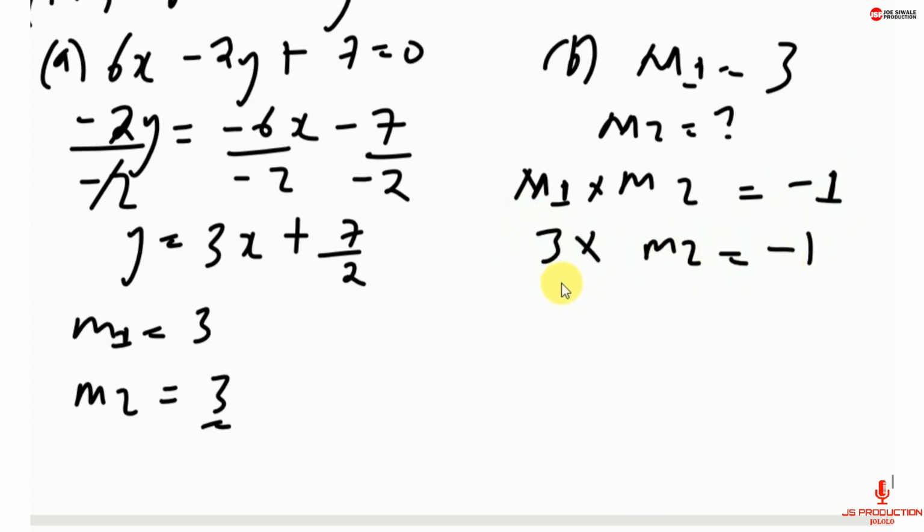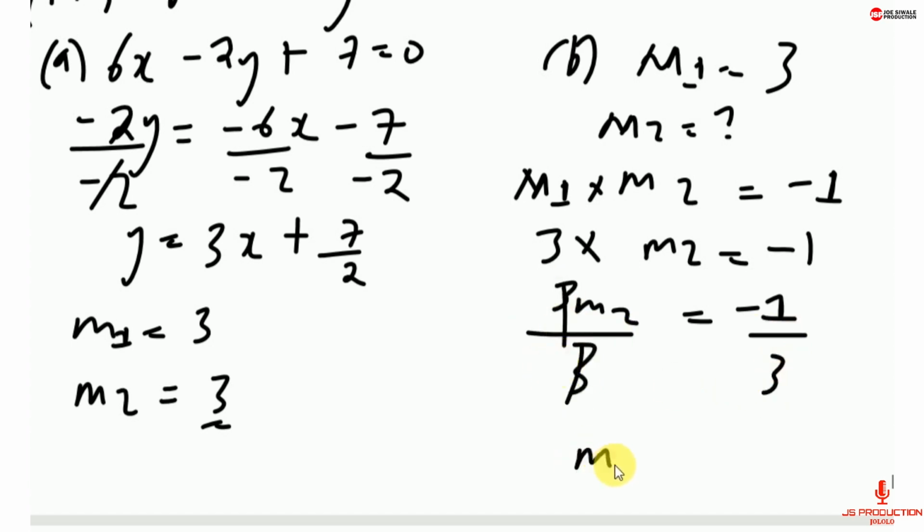So we can say 3m2 is equal to negative 1. Finding our m2, we divide by 3. So our gradient 2 is going to be negative 1 over 3. That will be the gradient of the perpendicular line.